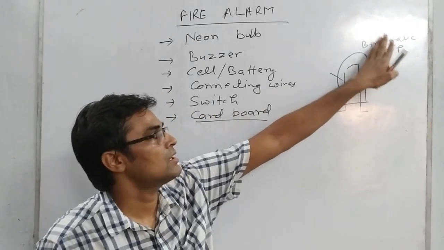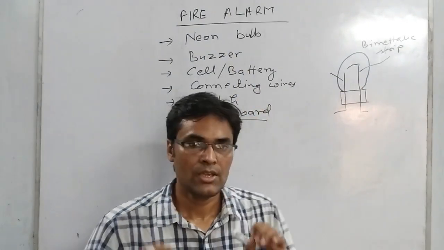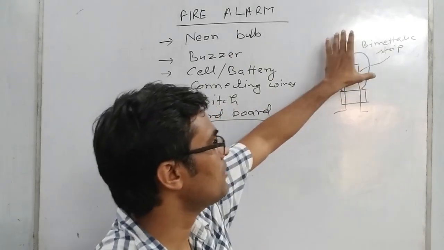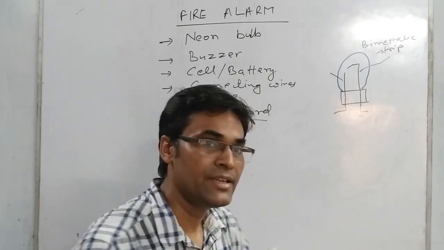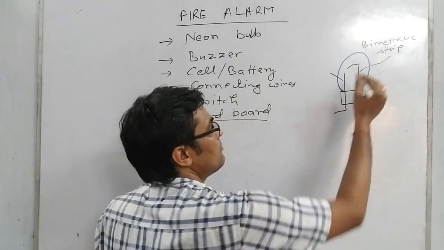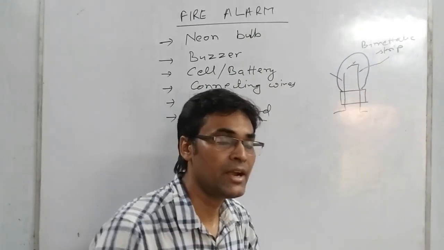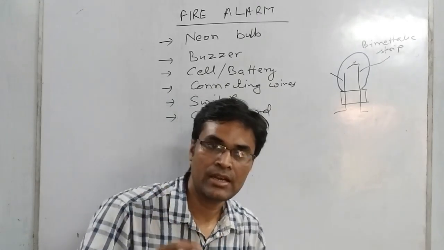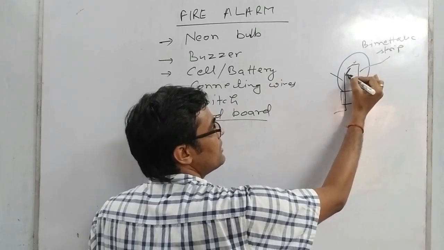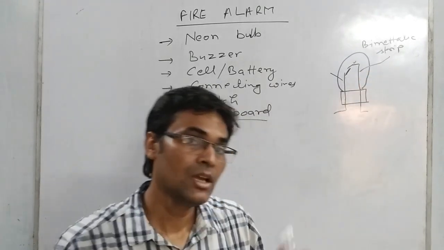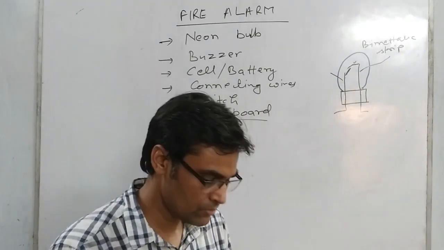Why we require a bimetallic strip in such a neon bulb is that if the neon bulb gets heat from the surroundings, suppose in case of fire, the property of this bimetallic strip is that it will expand and get connected to the other bimetallic strip. This is how the neon bulb works.